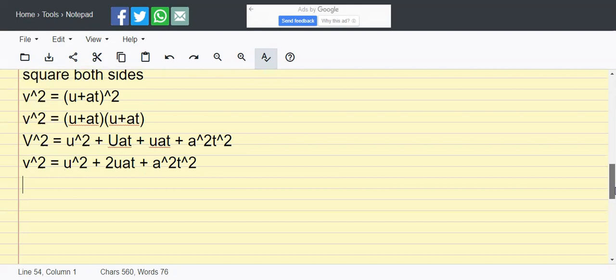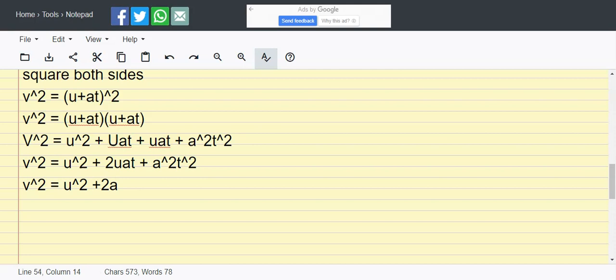If you look at this equation closely, I'm going to get something. So v raised to power 2 equals u raised to power 2 plus, factorize these two.